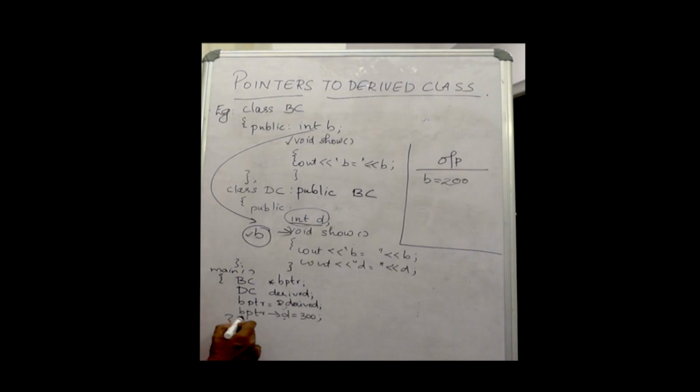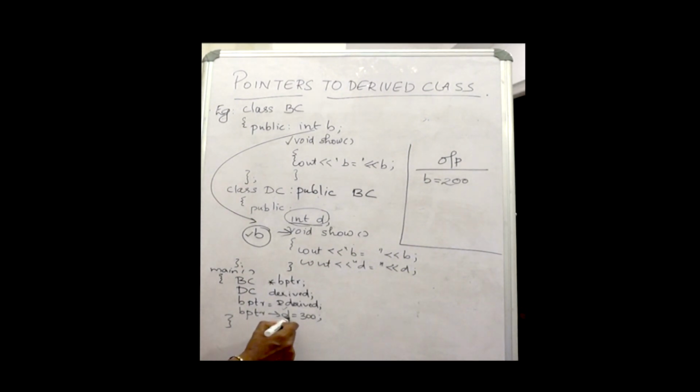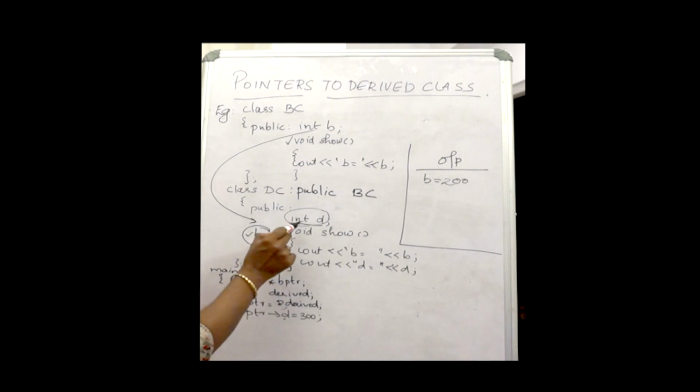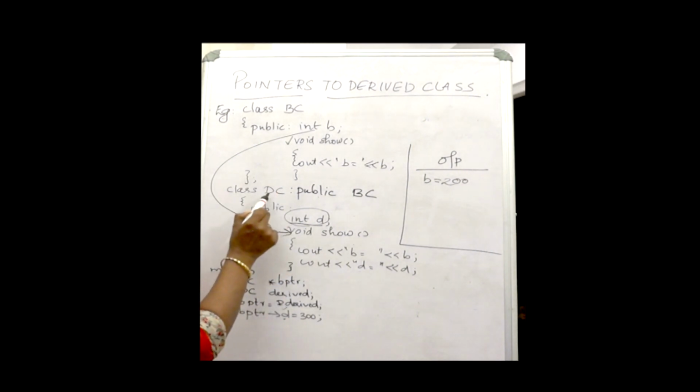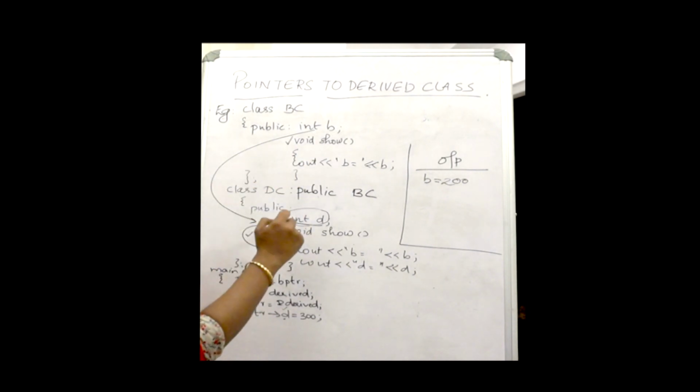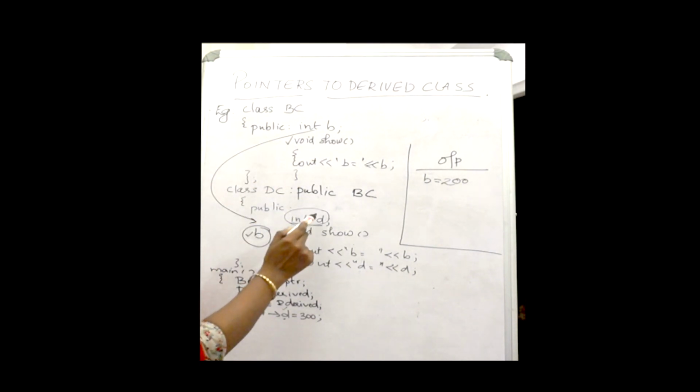Now BPTR arrow operator D equal to 300, that is we are going to assign value 300 to data member D of class DC. So we know that D is a data member of class DC, that is not inherited from BC. So can we access data member D using base pointer?